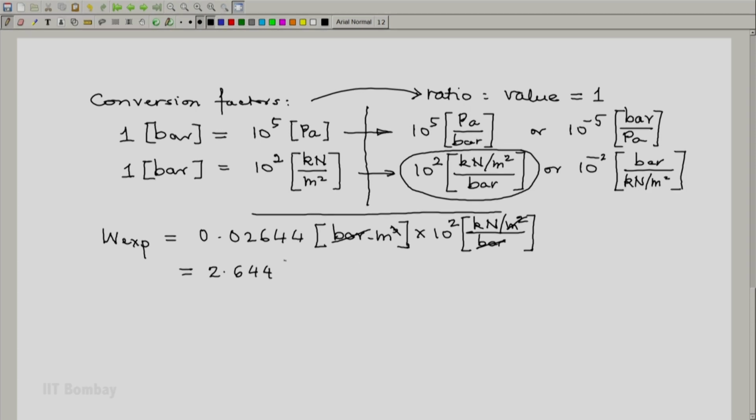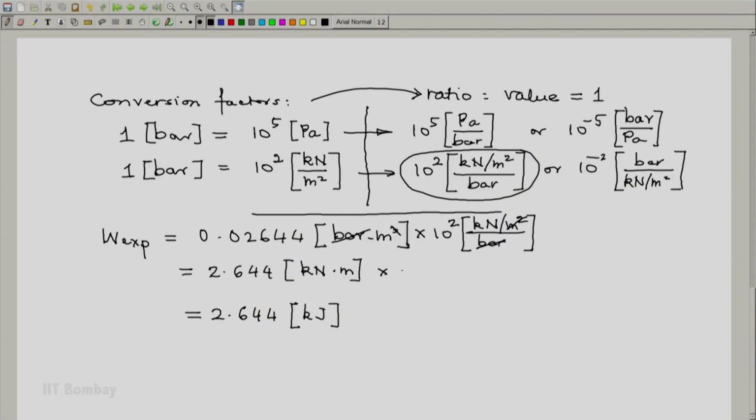The units would be kilonewton meter. Now we know a Newton meter is known as a joule, so a kilonewton meter will be known as a kilojoule. So you can write this as 2.644 kilojoule.